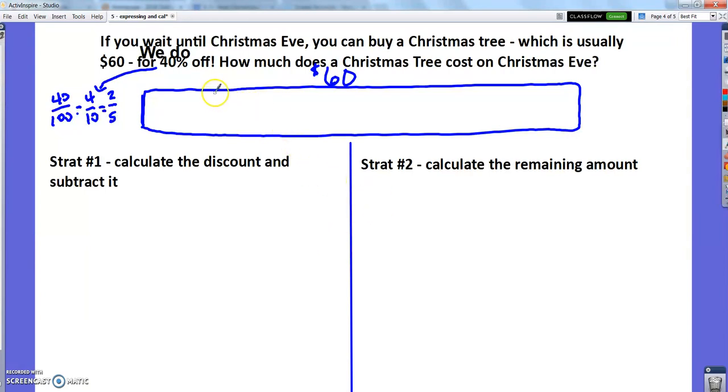So I'm going to divide my tape diagram into fifths. And each fifth is 1/5 of $60. 60 divided by 5 is 12. So each fifth is $12.